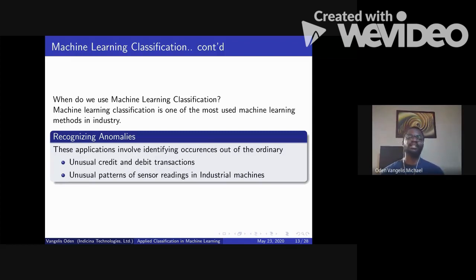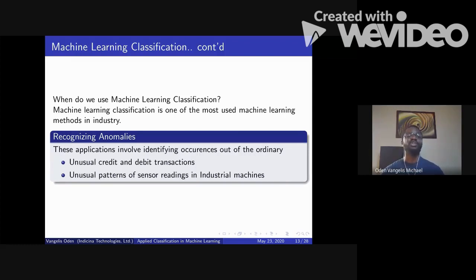So this is one application of machine learning, classification, that is highly being used, yes, in credit and fraud transactions basically, to identify. And yeah, of course, if it's not a fraud transaction, you can always just call your bank and tell them, no, I'm actually the one trying to make the transaction, and they can release it.